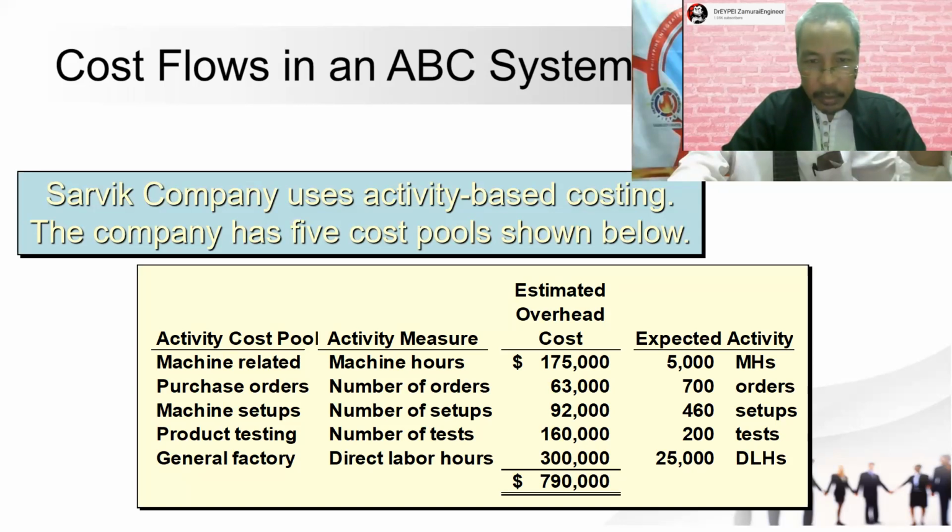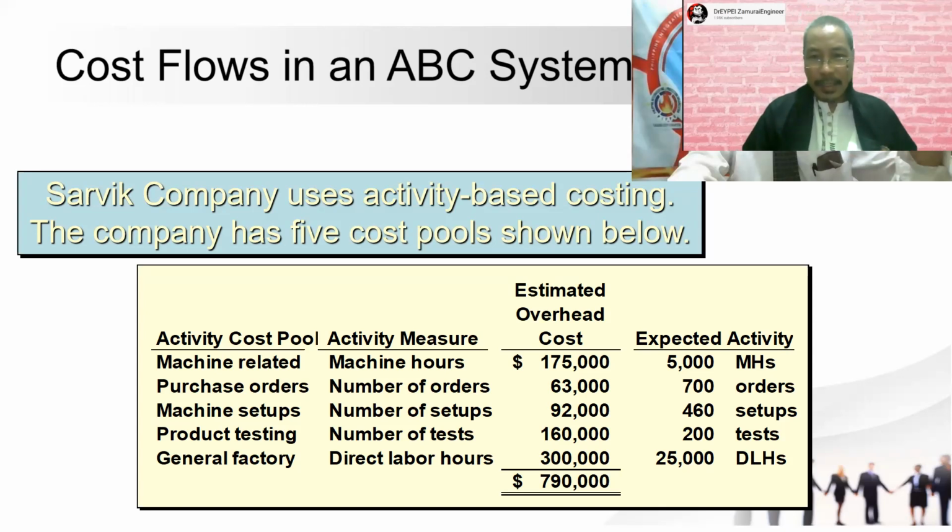What do we mean by cost pools? So we mean machine-related, purchase order, machine setup, product testing, and general factory activity. So cost pool meaning the type of activity, okay? Machine-related activity, purchase orders activity, machine setup activity, product testing activity, general factory activity, okay?